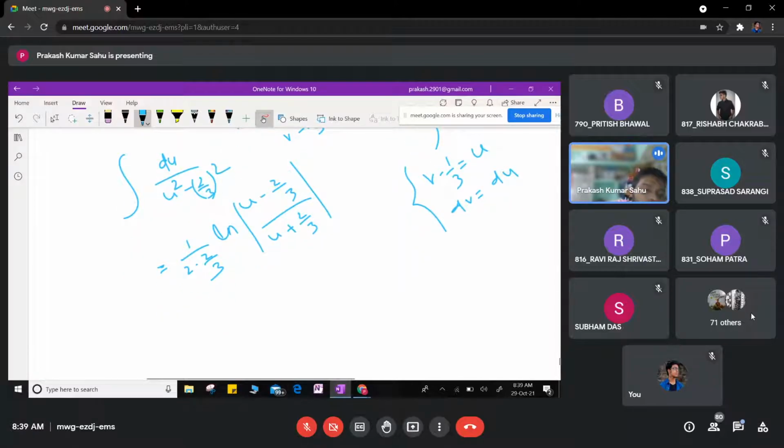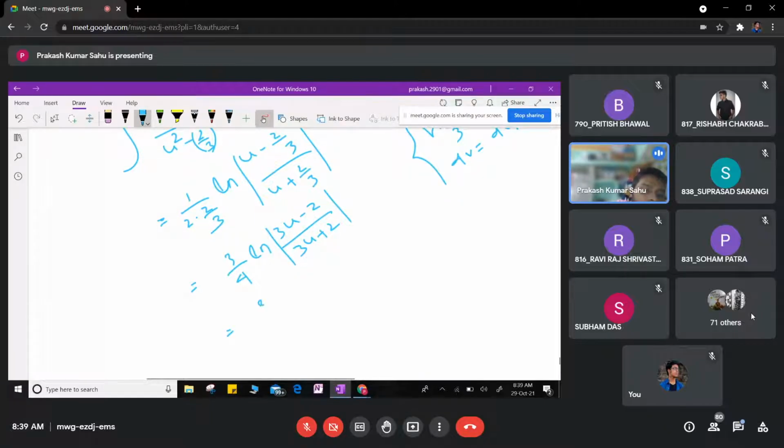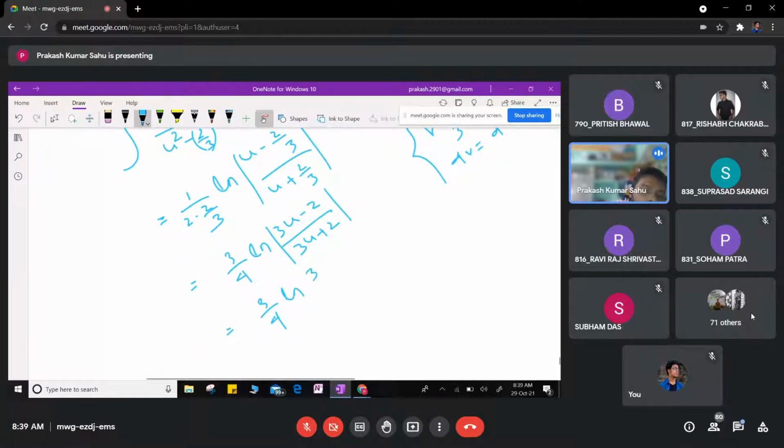Okay, so if you simplify, so this is 3/4 ln 3u minus 2 divided by 3u plus 2. Okay, मैंने इसको सिंप्लीफाई कर दिया। तो अगेन व्हिच इज इक्वल टू, दिस इज 3/4 ln u का वैल्यू क्या है, u इज इक्वल टू v माइनस 1/3, तो 3 into v minus 1/3 minus 2 divided by v minus 1/3 plus 2.